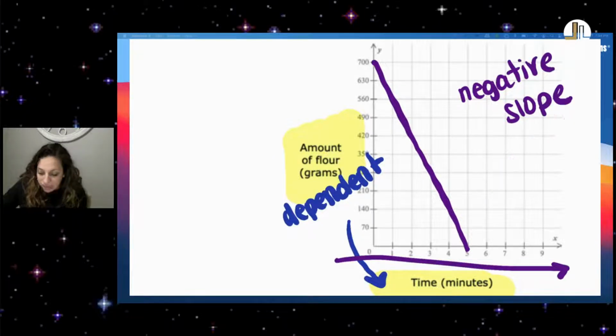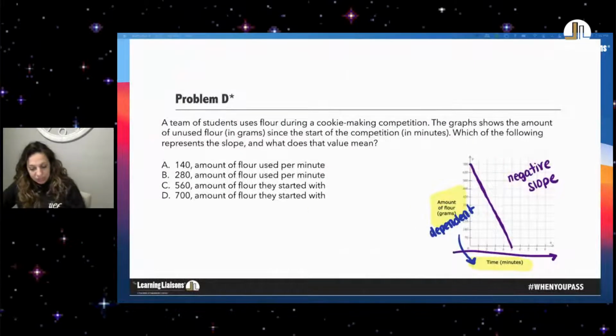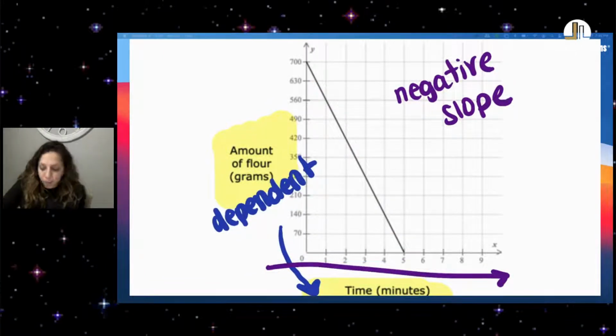So I know this is a negative slope, which means if I look at my answer choices, they didn't give us any negative slopes. So we know that in this case, they weren't looking at the negative or the positive. We're just looking at the slope value. So let's keep looking. That said, what is slope?